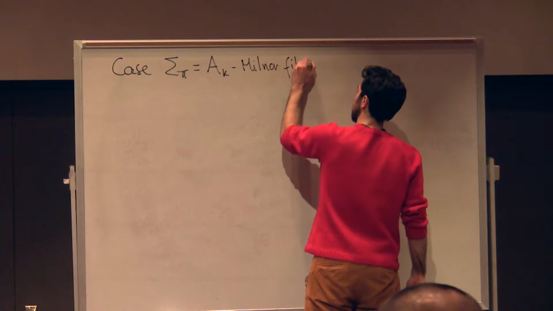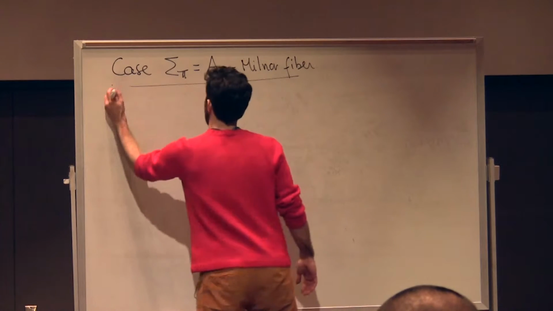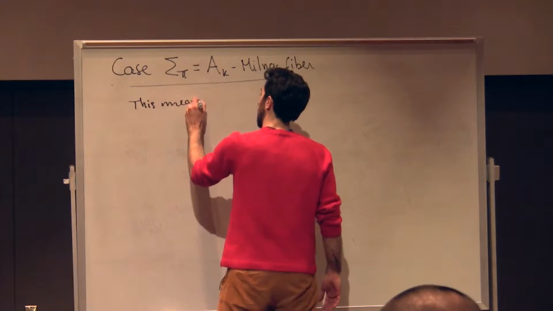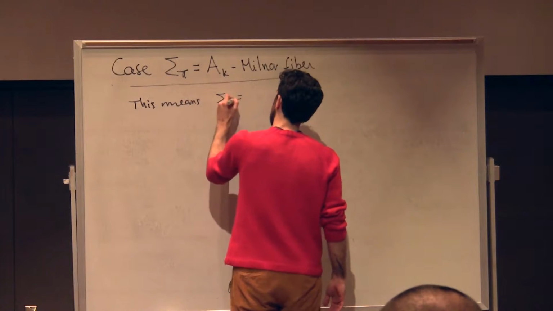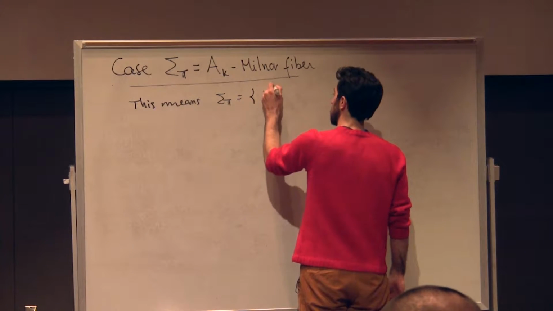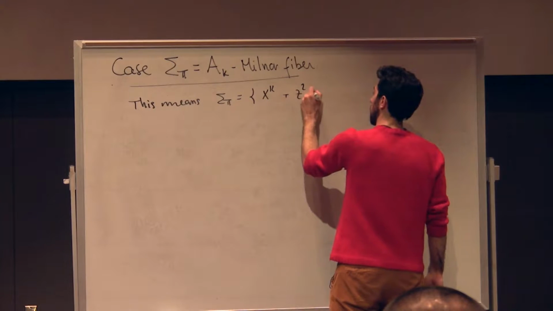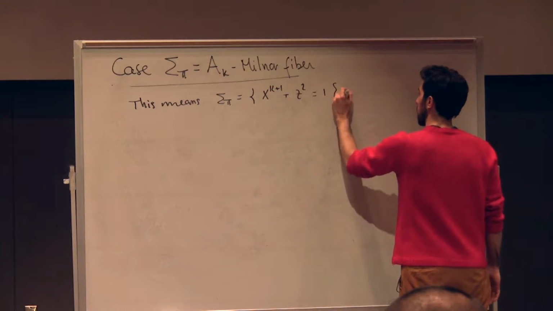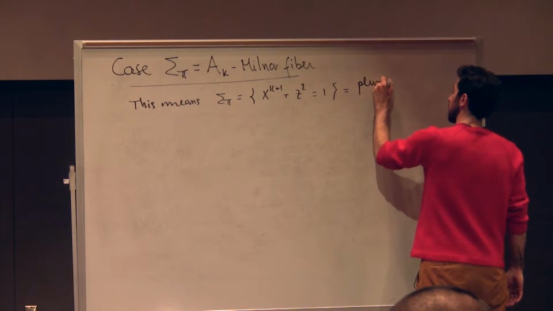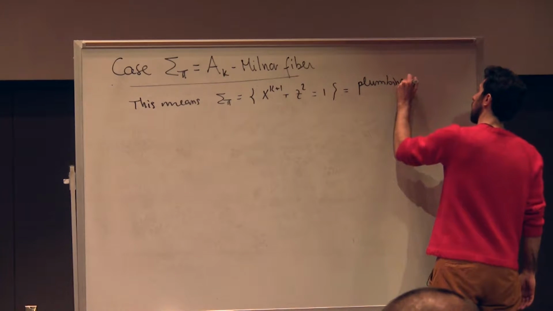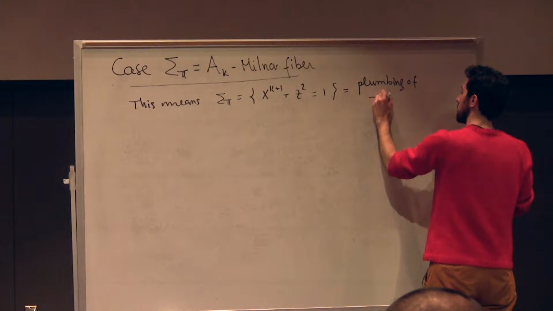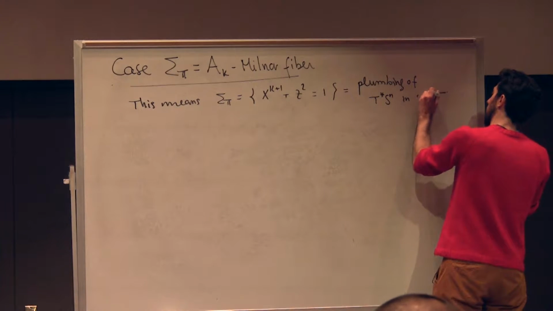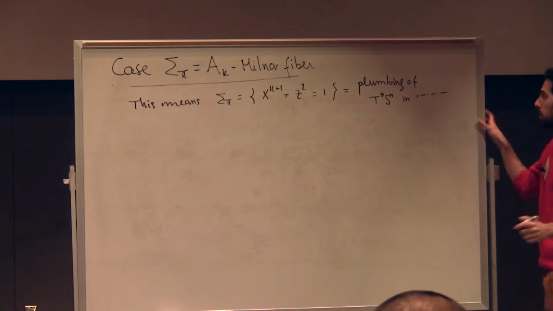This just means that sigma pi, on the one hand, you can think of it as having this equation, A_k plus 1, or a plumbing of spheres. So plumbing of these T star S^n's in the following intersection form. Okay, k of them.